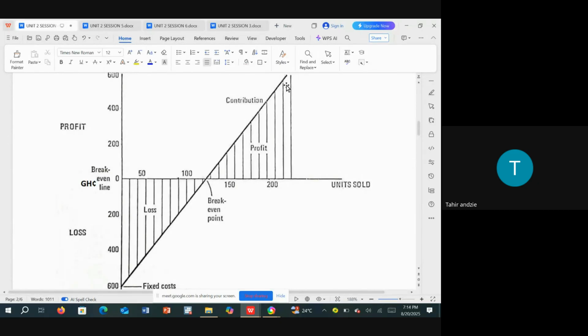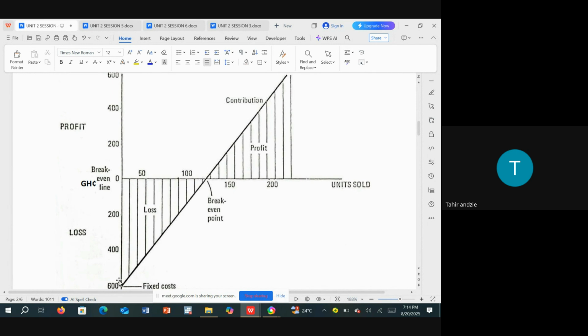So this is how we get it. After the maximum loss, that is the fixed cost, for the maximum profit you look at the total revenue less the total cost to get the maximum sales. Then you use it to plot here.